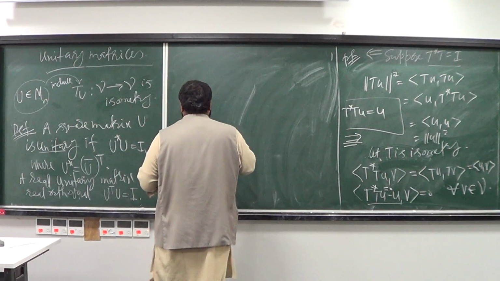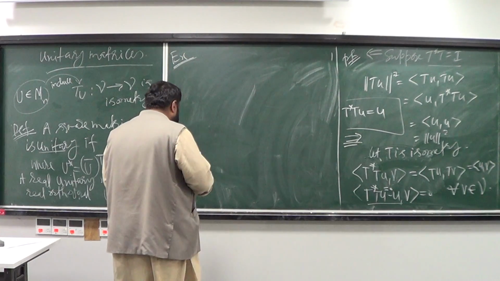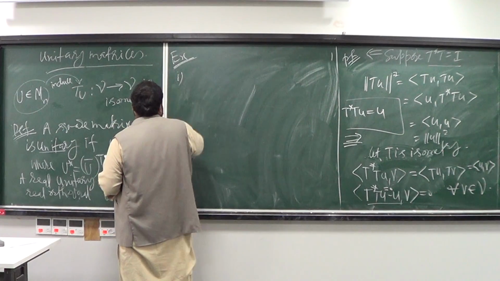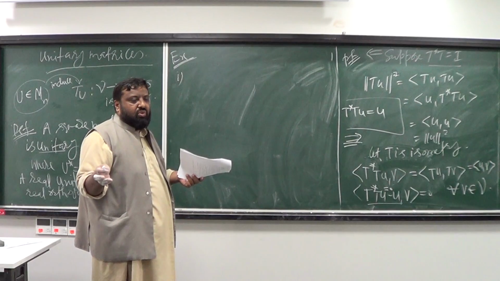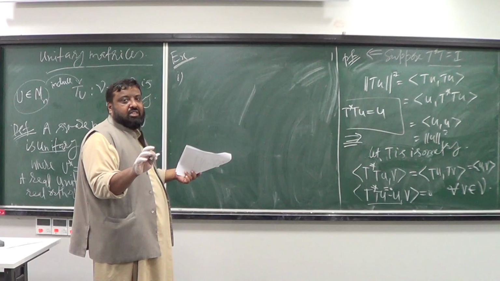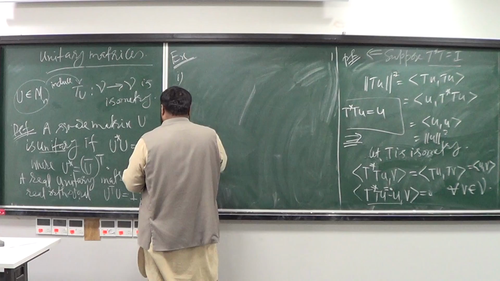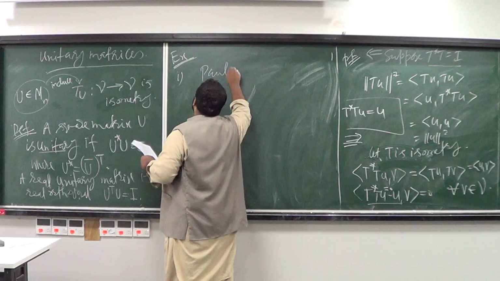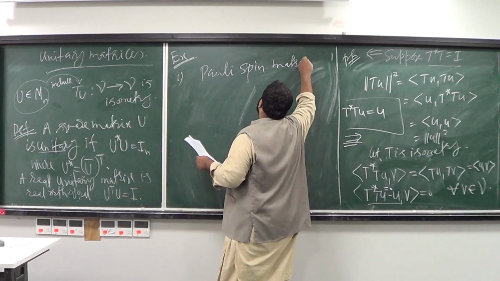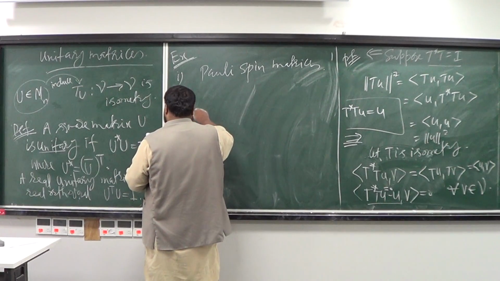What are some of the examples? Some of the interesting examples come from physics. In quantum mechanics, these Pauli spin matrices play an interesting role. Pauli spin matrices are examples of complex unitary matrices.